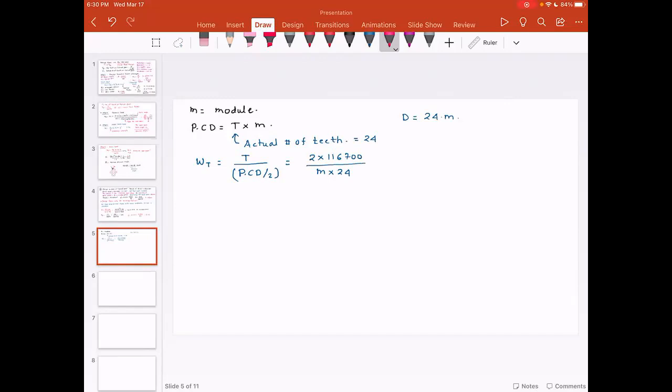Now with this, I should be able to find out V, which is pi d n by 60, if I want this in meters per second.